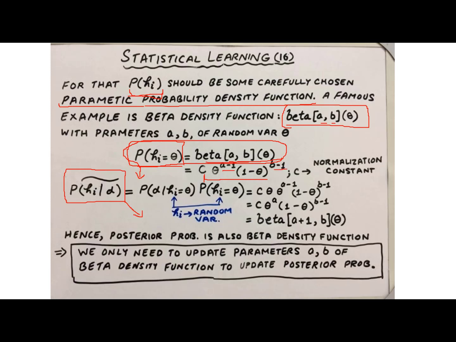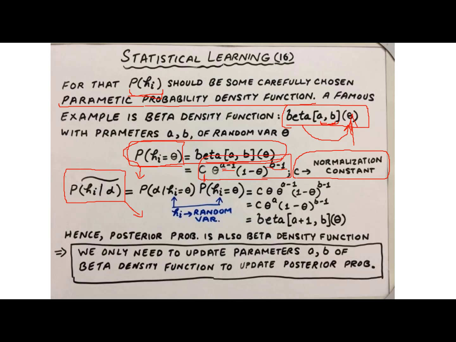So remember, this is the beta density function of theta, and a and b are just the parameters of the density function. These are not the input. The input to the function is theta. So this is the expression. Here this constant c is the normalization constant, and it depends on the values of a and b.